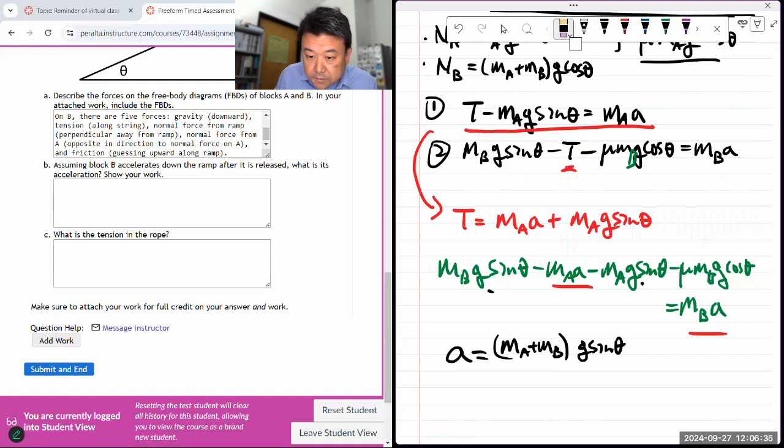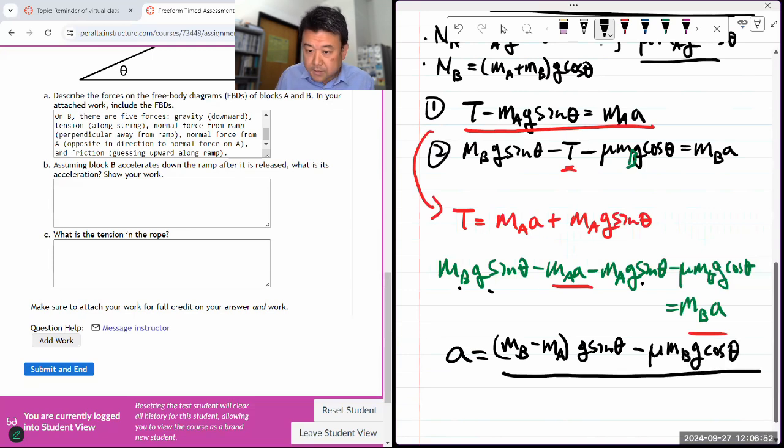Minus. Yeah. So actually, let me do it this way. MB, that, minus MA, and then minus mu MBG cosine theta divided by the sum of these two, MA plus MB.